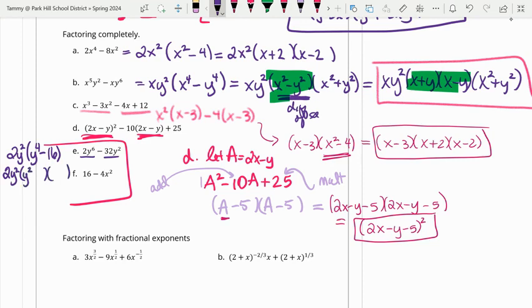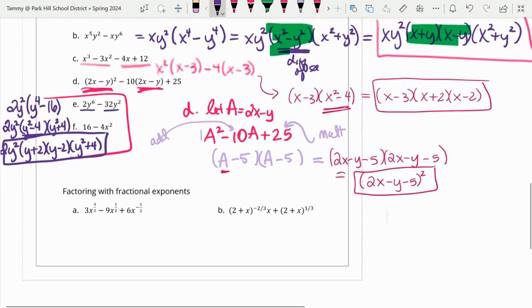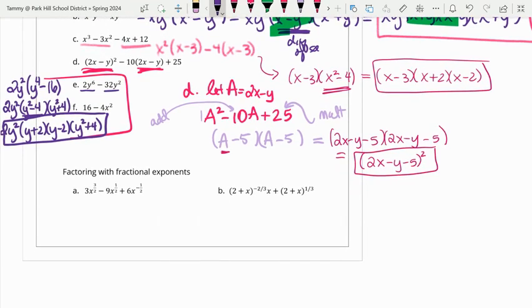That's going to give me a y squared minus 4 and a y squared plus 4. Another difference of squares, so 2y squared, y plus 2, y minus 2, and y squared plus 4. So always when you see that difference of squares, finish it. All right, last one on this set, letter F.